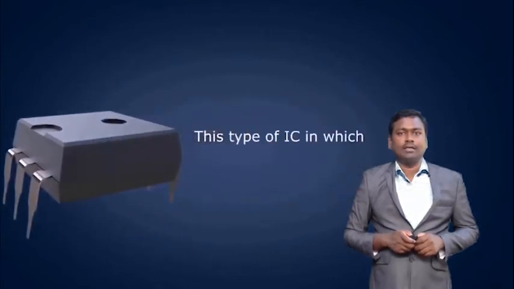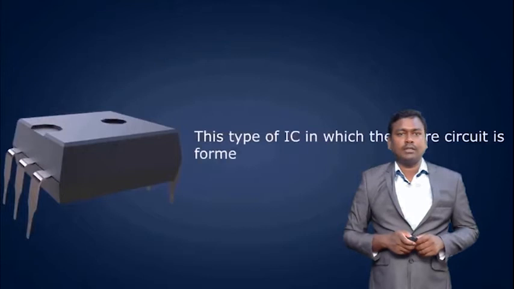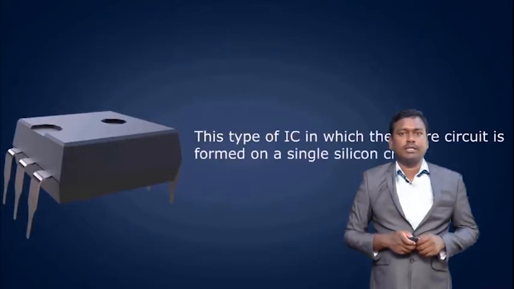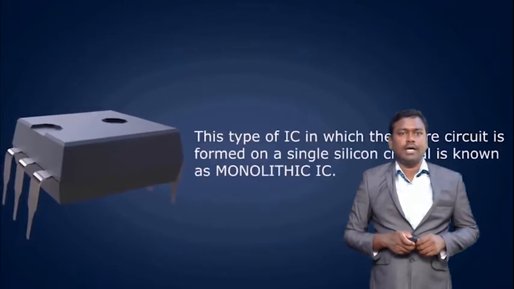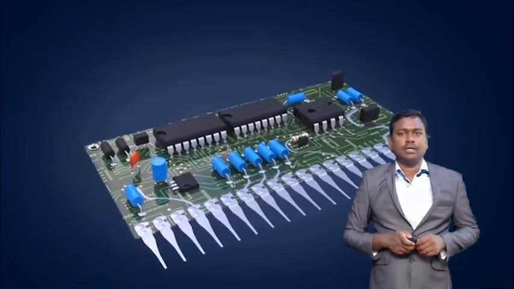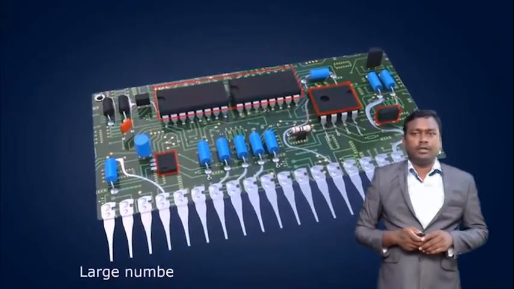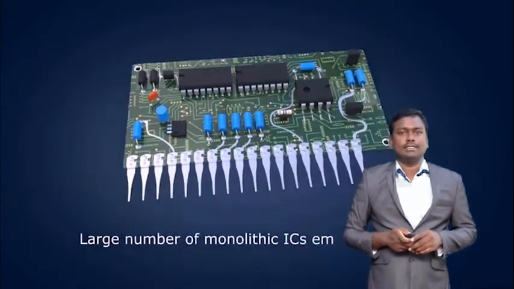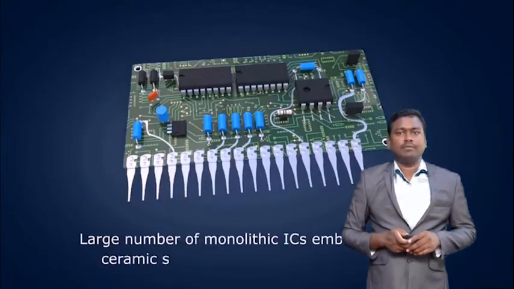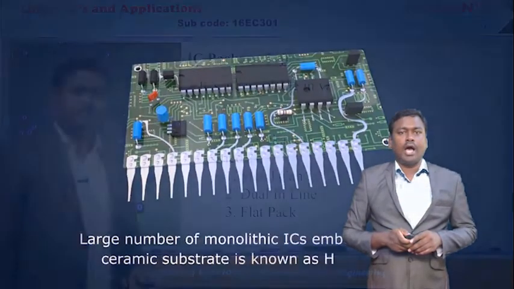This type of IC, in which the entire circuit is formed on a single silicon crystal, is called monolithic IC. These are the most widely used ICs. If a large number of monolithic ICs are embedded on a ceramic substrate, it is known as hybrid ICs.